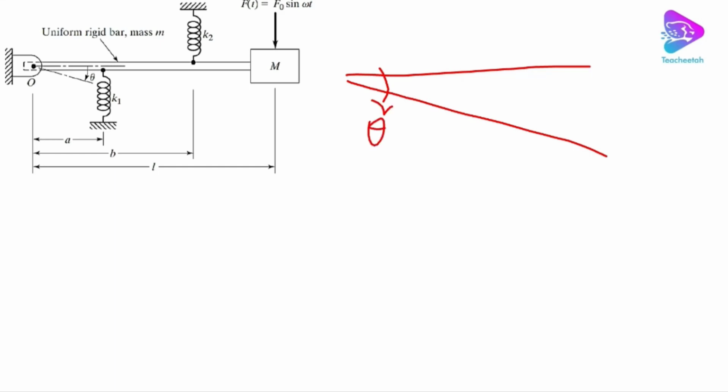So what happens is that at the spring K1, we have a force resisting against the rotation, which is equal to K1 delta 1, and this is delta 1.